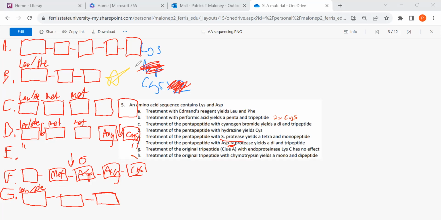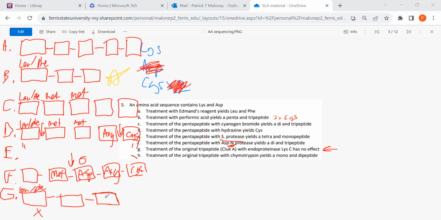We've got another cysteine, which has to be in the tripeptide, and we've got a lysine. The endoproteinase Lys-C is a C-terminal cleaver for lysine. We know lysine isn't spot 1. We weren't sure if it was spot 2, but we know it has to be in this chain.